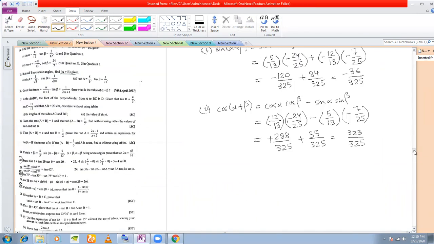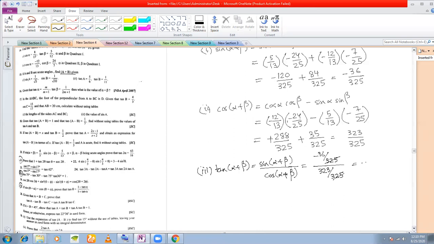And the last one, tan alpha plus beta is very simple. You just divide. Tan alpha plus beta is sin alpha plus beta by cos alpha plus beta. Sin alpha plus beta is minus 36 by 325 and cos alpha plus beta is 323 by 325.